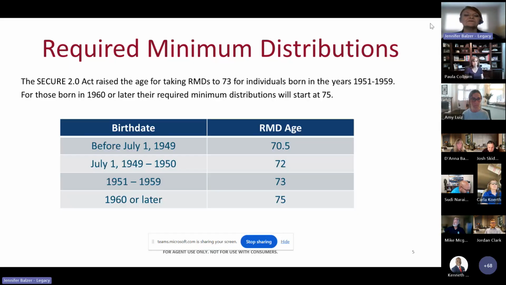And for those that were born 1960 or later, the required minimum distributions start at age 75. And I've included a little chart that outlines what the expectations are pursuant to the Secure Act here.